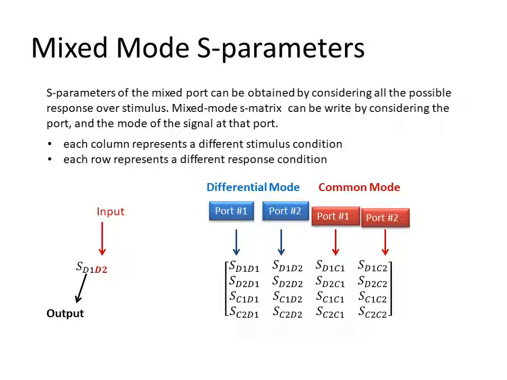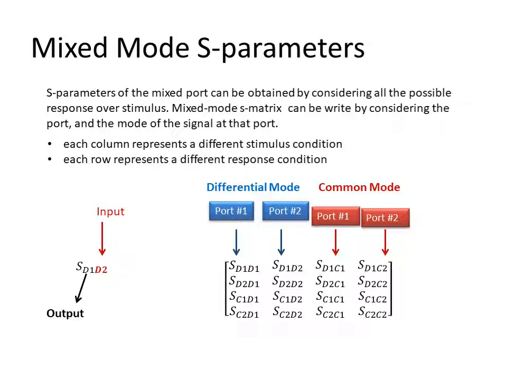So we have to take care of these nomenclatures when we write the S matrix of any multi-port network. Not only in the case of the mixed mode, even in a two-port network, if there is S12, 2 is input, 1 is output. It means if we write S21, it is a reverse traveling wave, that is called insertion loss also.